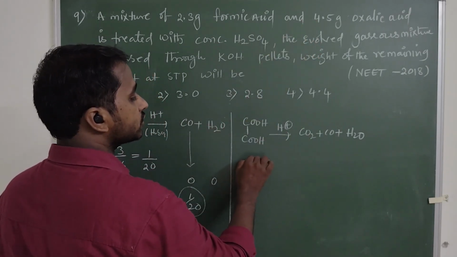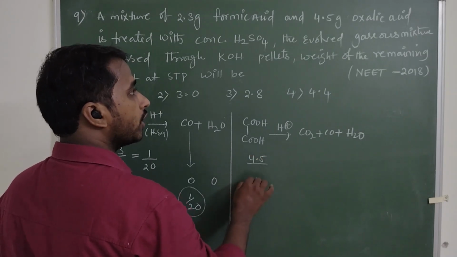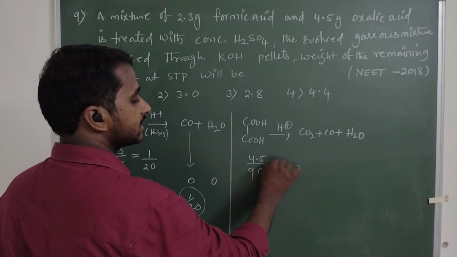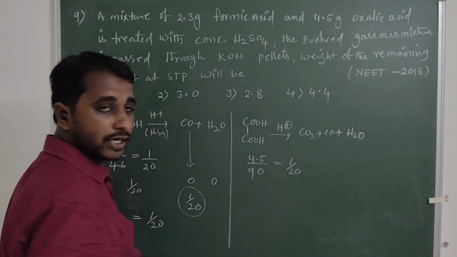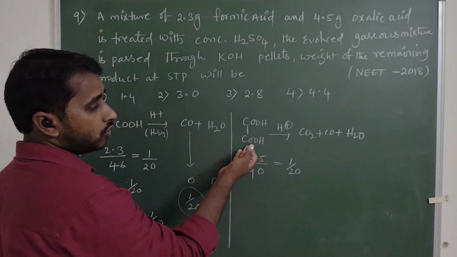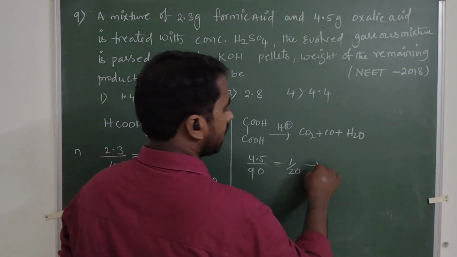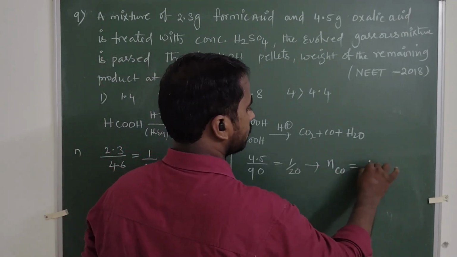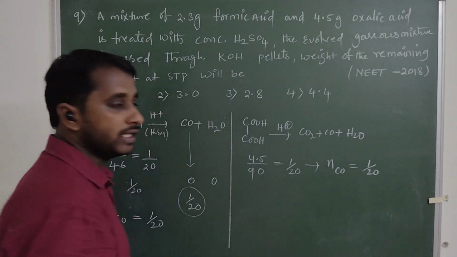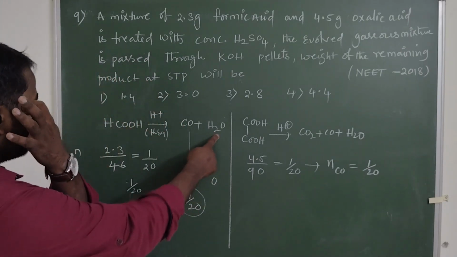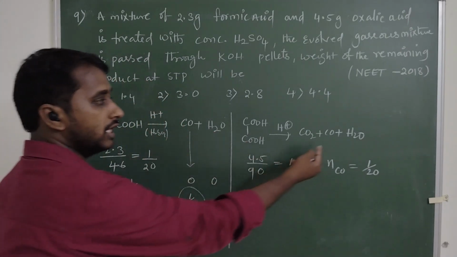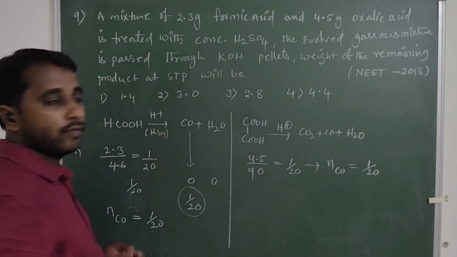Now how many moles of oxalic acid? 4.5 by the molecular weight 90, which is also 1 by 20 moles. So 1 mole of oxalic acid will give 1 mole of carbon monoxide. So the number of moles of carbon monoxide is 1 by 20. In both cases, H2O is absorbed by H2SO4 and CO2 is absorbed by KOH.